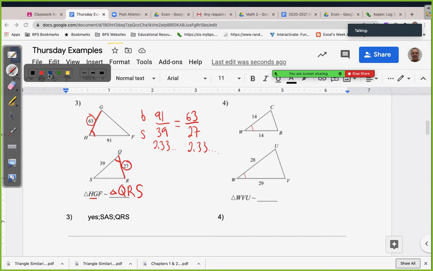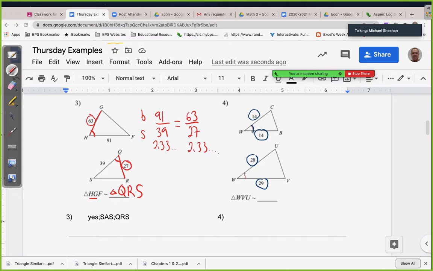No, you can't tell, or are you saying it's a no? I can't. Yeah, because the number 28 is not the same as the number 29. Yeah, and look, this one has 2 sides that are the same, and this has 2 sides that are different. So they're not going to be similar.